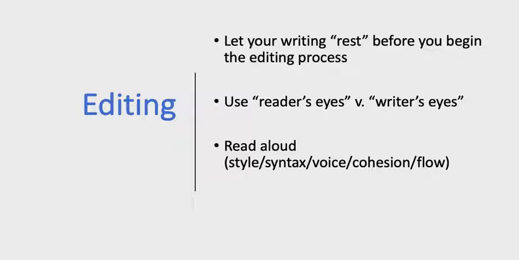As you read aloud, here are some questions to ask yourself. Are there places you stumble over words or sentences? Think about why that is. Is there room for improvement in your use of vocabulary in order to be more precise? I will include a link to the list of most commonly used academic words that we looked at in an earlier module, so you can see if there are ways to improve in word choice.